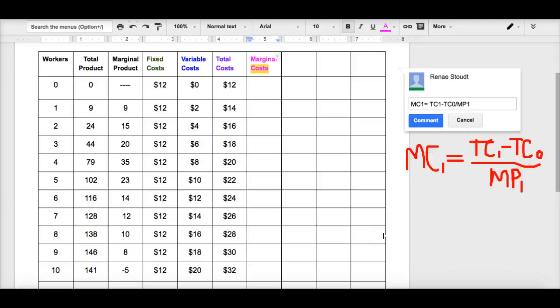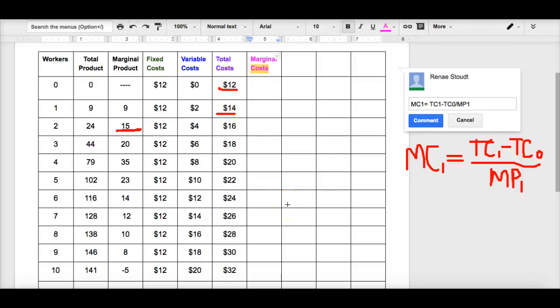So here's what I'm telling you, because the beginning part is very similar to how we found marginal product. We're just talking about costs instead of product. Remember when we found marginal product, for example, for finding 15 over here, we did 24 minus 9 gave us 15. So the beginning part is the same. We're looking at, for example, 14 minus 12.